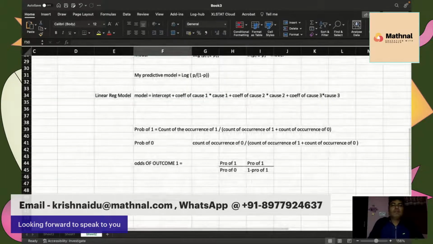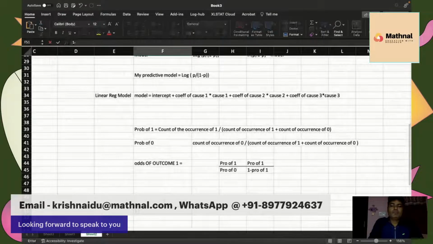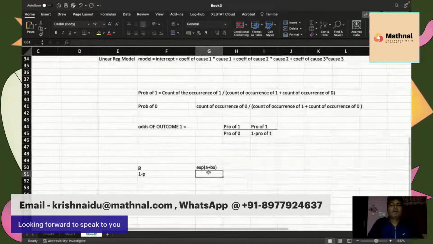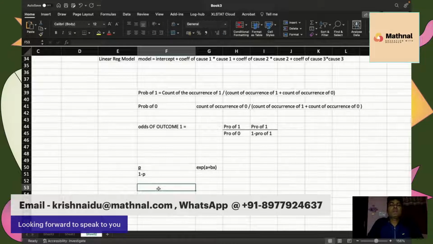So if I say p by 1 minus p is equal to exponential of the model, which is a plus bx, then what is p?